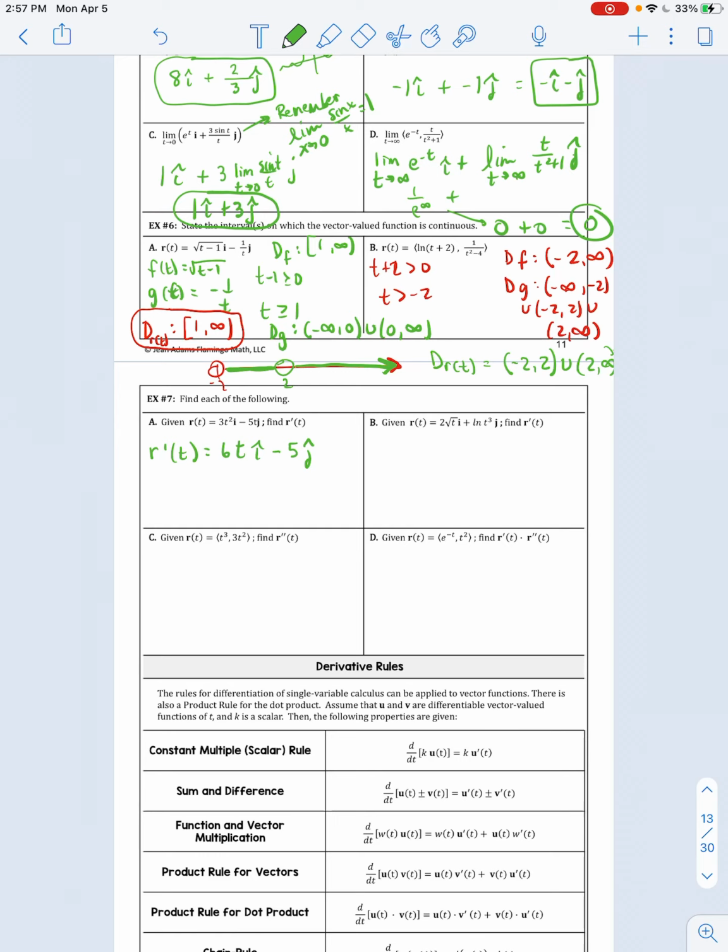And then I've got another vector valued function that I need to find r prime of t. This time we had to look at that as t to the 1/2.